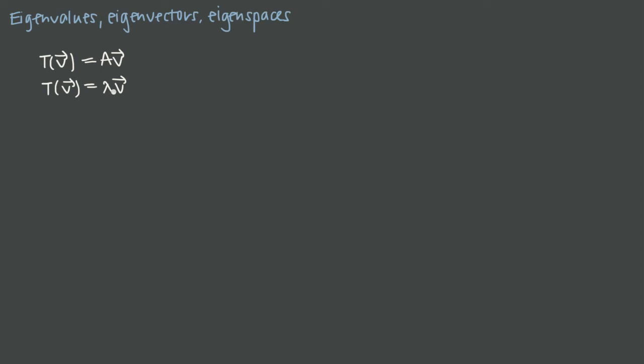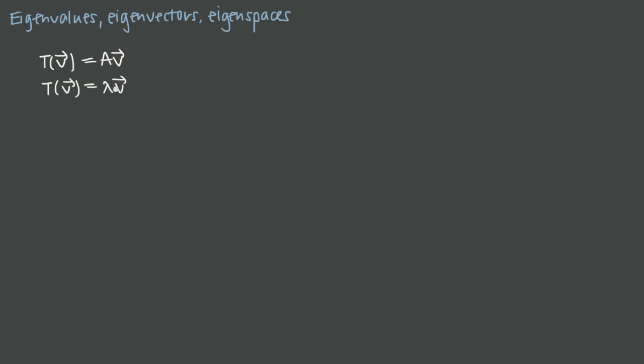So what this really tells us is that if we imagine what normally happens when we multiply by the transformation matrix A, we start with some vector v, we multiply by that transformation matrix, and of course it's going to transform the vector v into some other vector, which we call the transformation of v. And A can totally change the direction of v, it can change the length of v, but it's transforming it in some way.